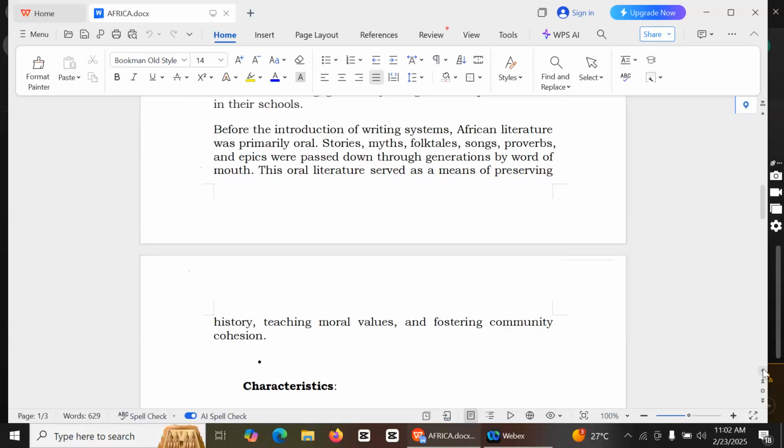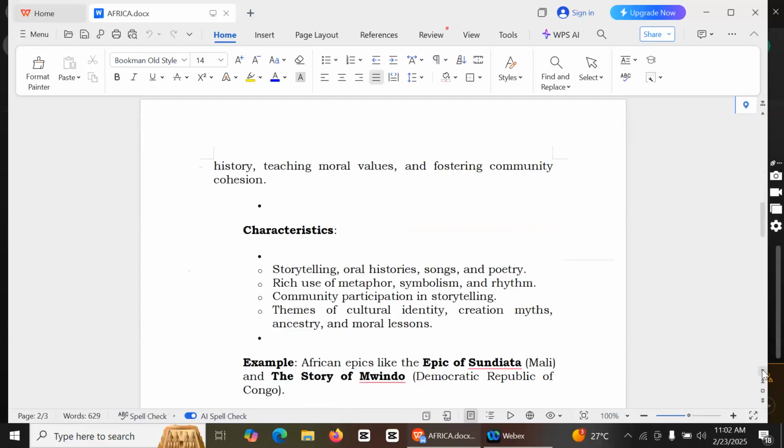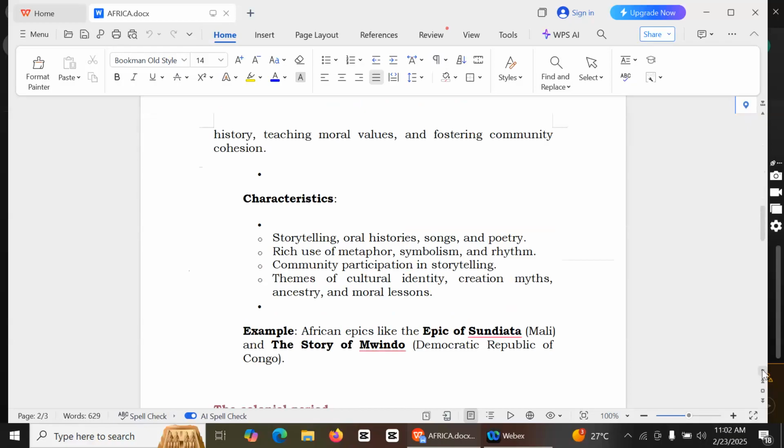Dear student, allow me a little bit to show you the characteristics of pre-colonial literature, the same as the themes they focused on in those oral literature examples we come to see. For example, one of the characteristics is storytelling.